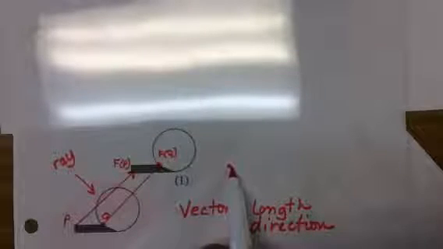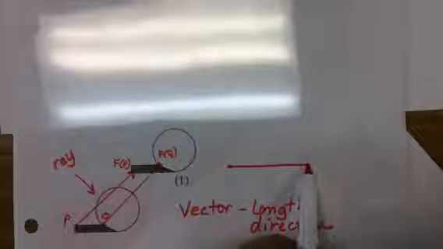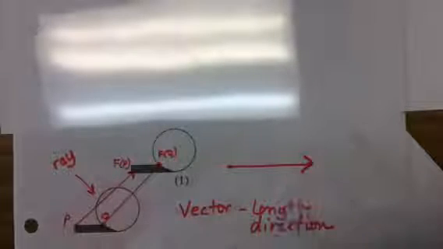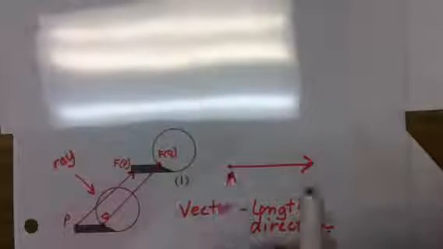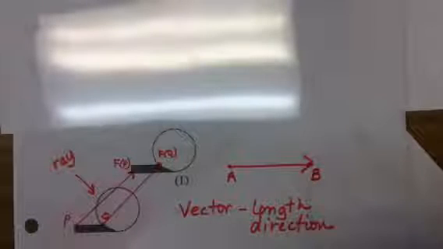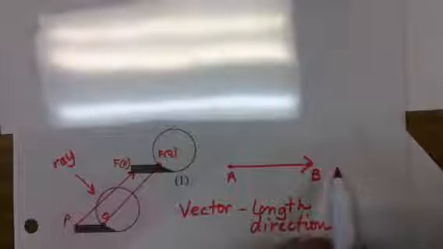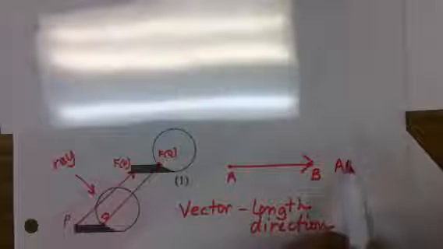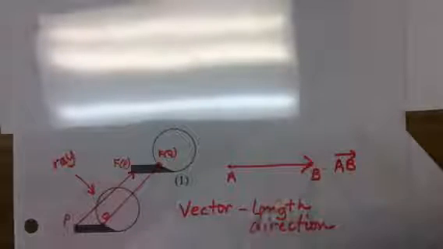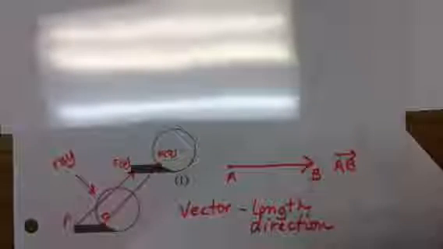If I have a vector that has a starting point and an ending point, and we put a little arrow there. So if I have, this is A and this is B, I'm going to call this vector AB and put a little arrow over it like that. So it shows that A is my starting point, B is my ending point.